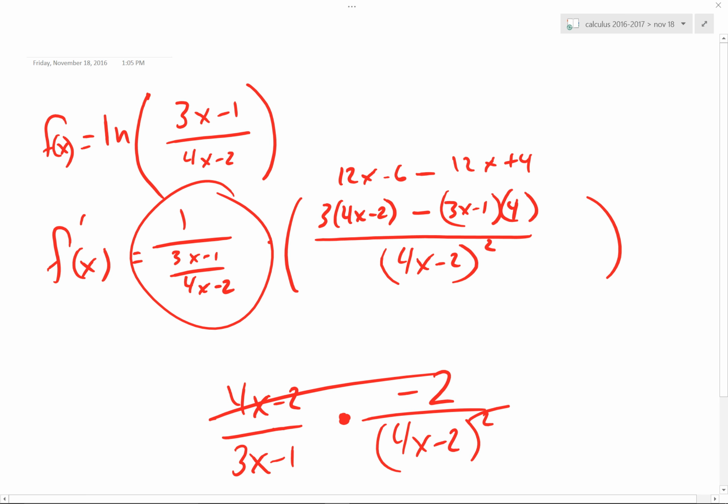Because it's 0 in the basement. Why does it have a problem at 1/3? Because 1/3 would cause the numerator to be 0, yes? Which would cause the whole thing to be 0. And what is the ln of 0? It's undefined. So sometimes you're not noticing it at first, and then you're like, oh yeah.